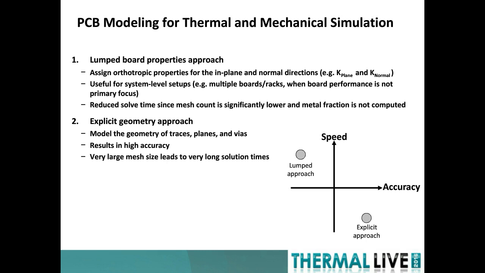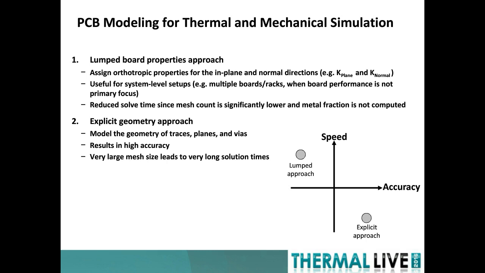This approach results in high accuracy. However, the downside here is, in addition to a very long preparation time, potentially, you also have a large mesh size that leads to long solution time. You'll need a large mesh to capture the explicit geometry. So this is plotted on the other end of the spectrum. Good accuracy, but speed is poor for this explicit approach.